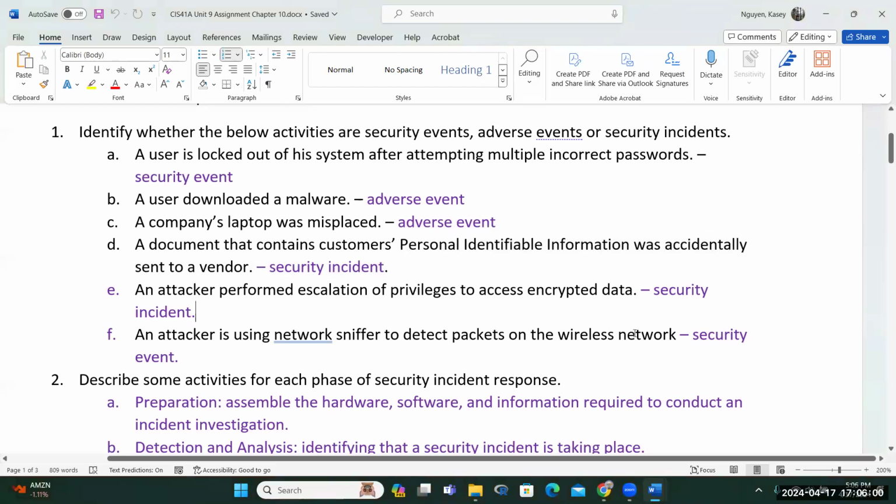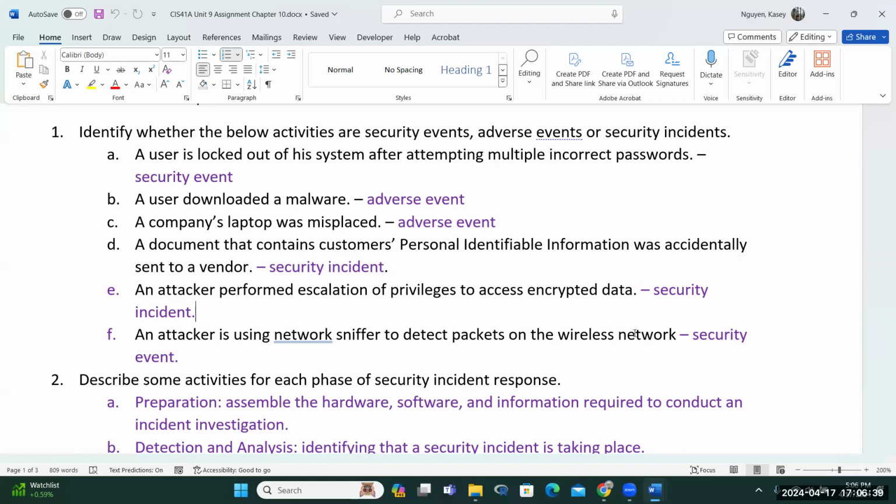So security incident. For F, an attacker is using a network sniffer to detect packets on the wireless network. It is a security event. Not an incident? No. Why not? Yeah, sniffing is not completely illegal, right?